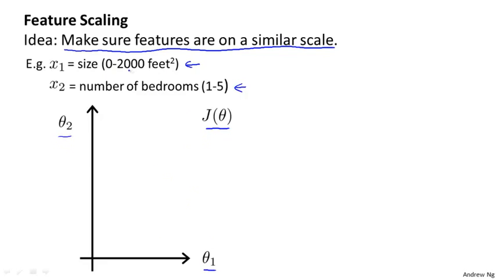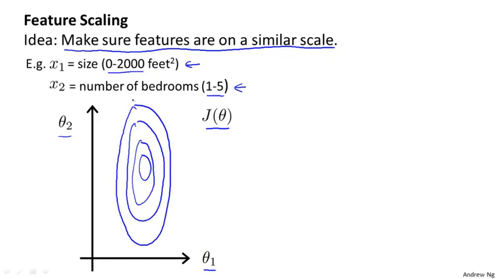But if x1 can take on a much larger range of values than x2, it turns out that the contours of the cost function J of theta can take on this sort of very, very skewed elliptical shape. With a 2000 to 5 ratio, it can be even more skewed. So these very tall, skinny ellipses, or these very tall, skinny ovals, can form the contours of the cost function J of theta.